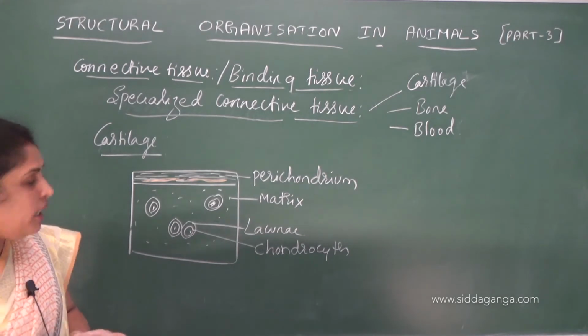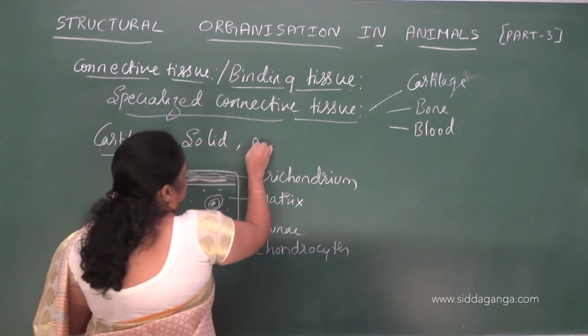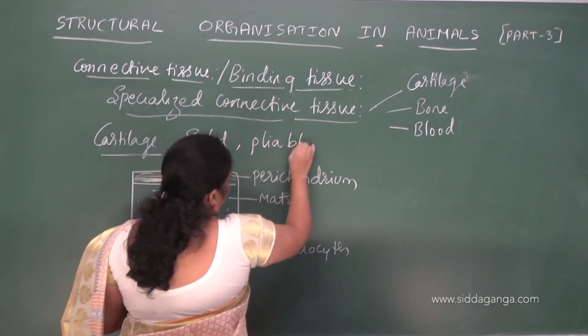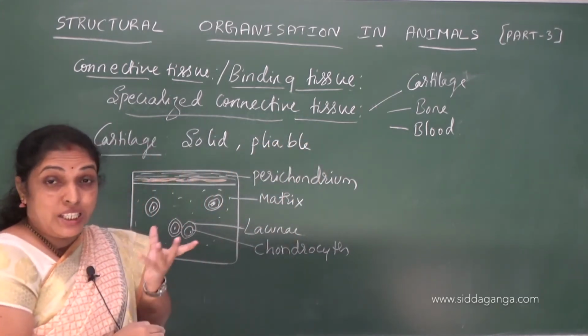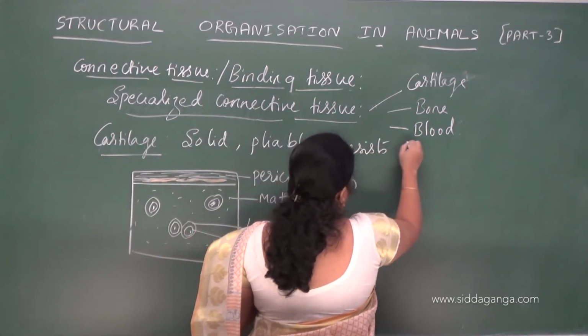Understood? Cartilage is a solid, pliable connective tissue which resists compression.